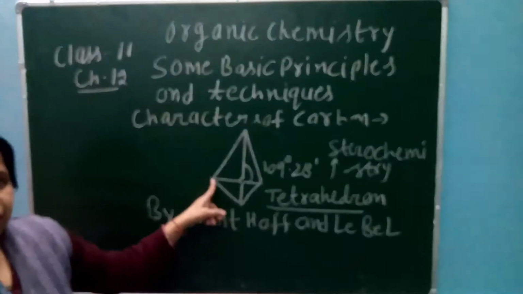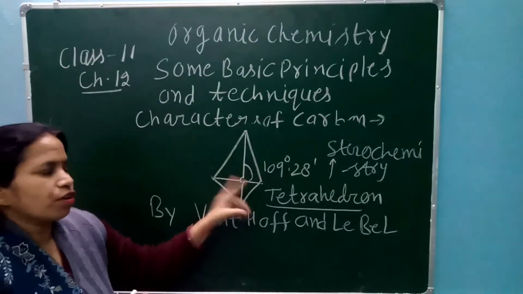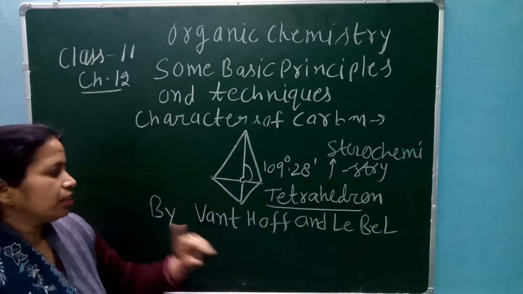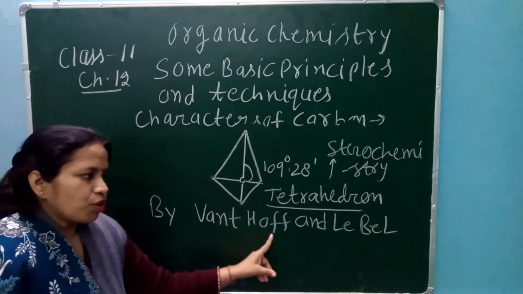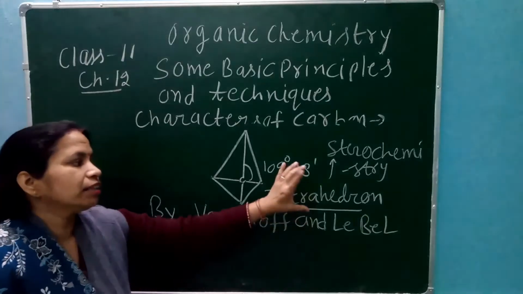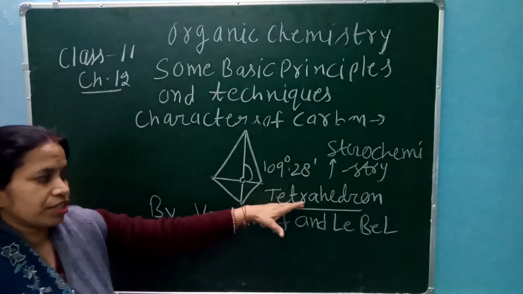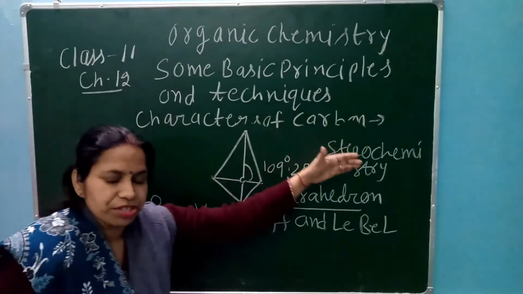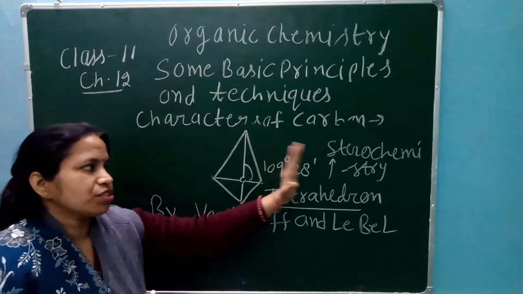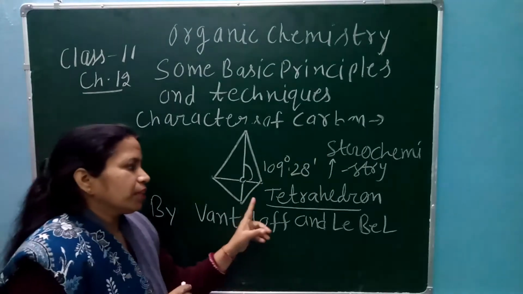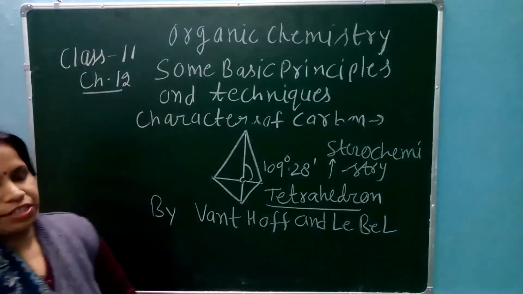Carbon forms a regular tetrahedron structure discovered by the scientists van 't Hoff and Le Bel. ये जो tetrahedron structure है वो stereochemistry का base है. After this, stereochemists built on the basis of the tetrahedral structure.